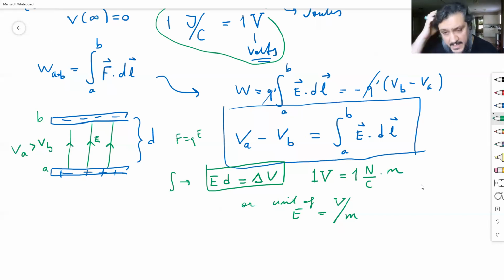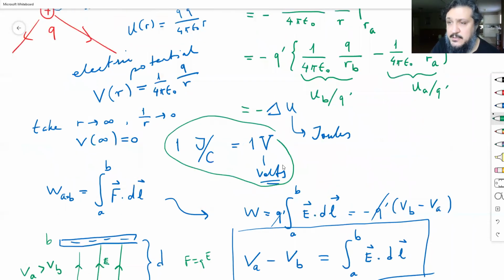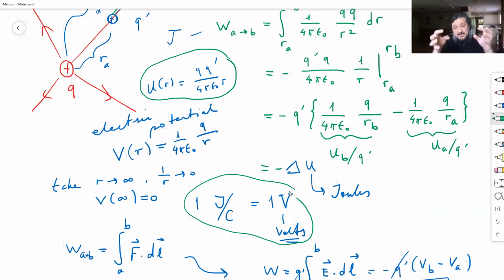If you take a look at what I did here, this is nothing but the electric potential energy, right? Now you can interpret it this way. That's the energy when you have two charges held apart at a distance r. Suppose these two are both positive charges.